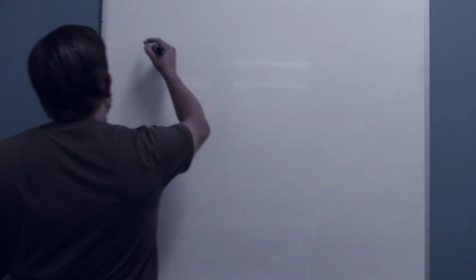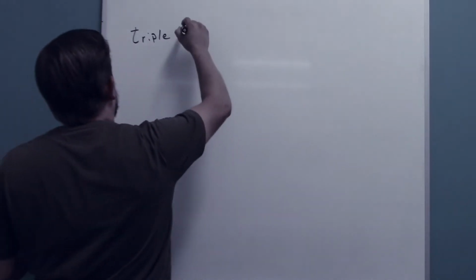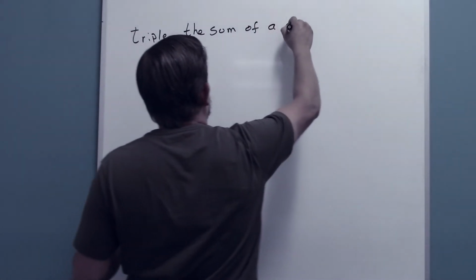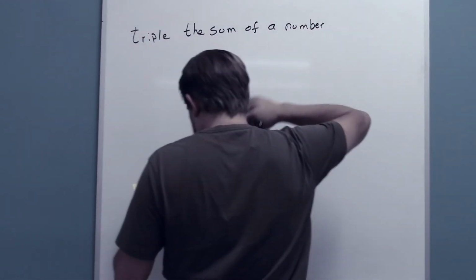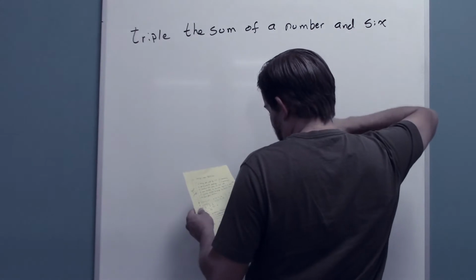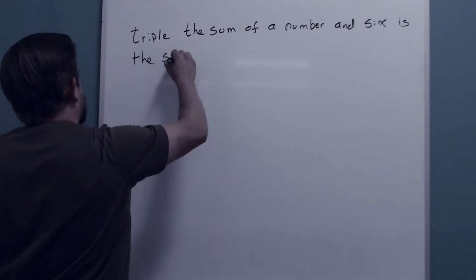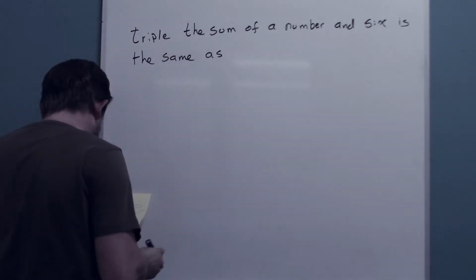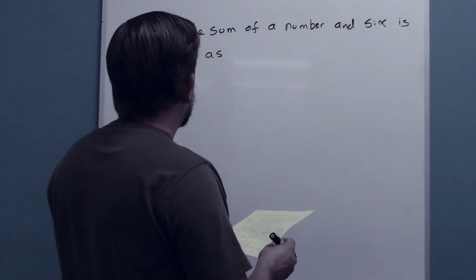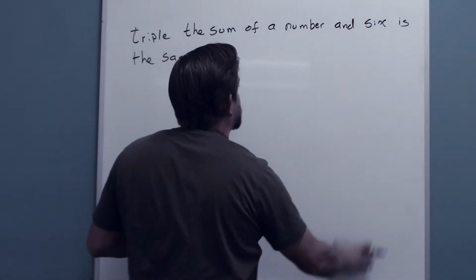Another one like that, let's say triple the sum of a number and 6 is the same as, I'm reading back and forth from 2 of these. Triple the sum of a number and 4, I apologize.